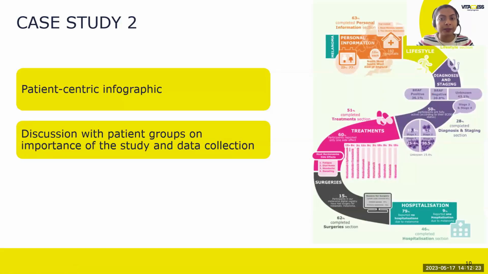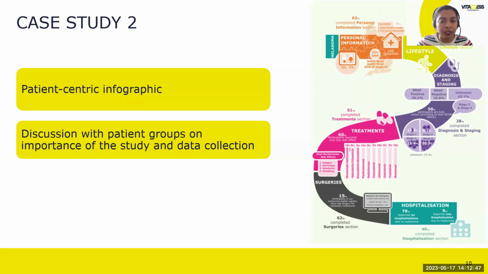This is an infographic where the information was gathered from the patients in our melanoma study, prioritizing patient-centric data. This information talks about the patient demographics, their lifestyle, their diagnosis and staging, treatment, surgeries, and hospitalization.